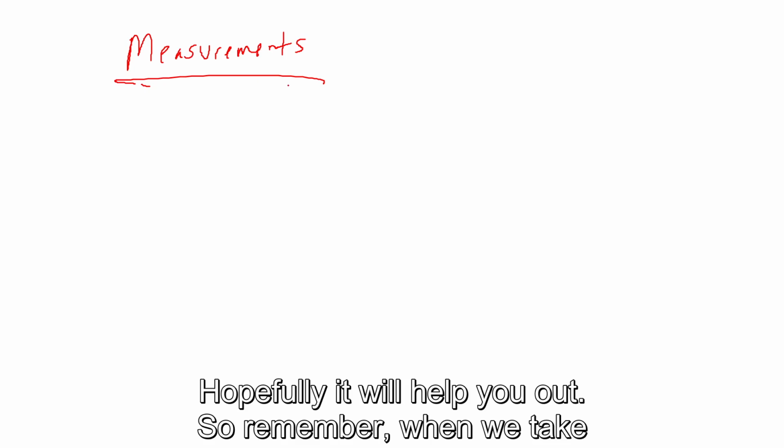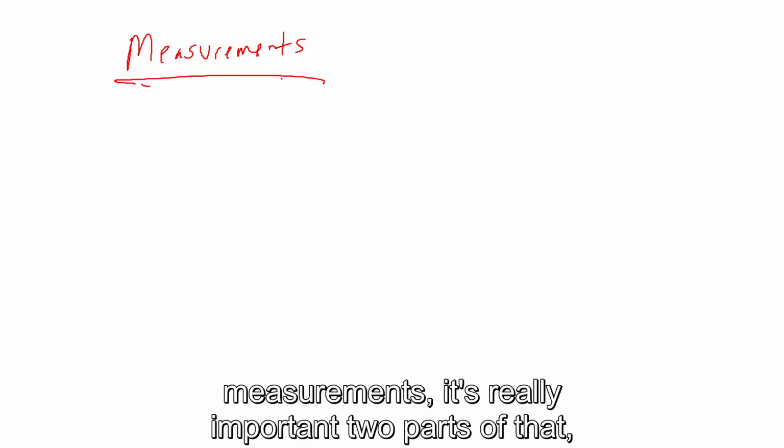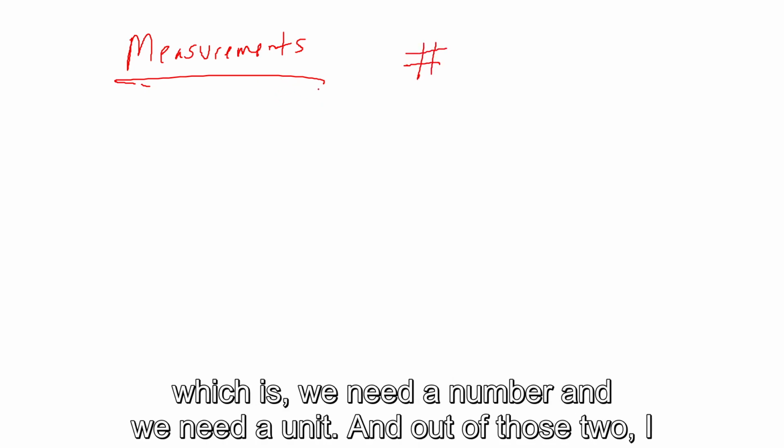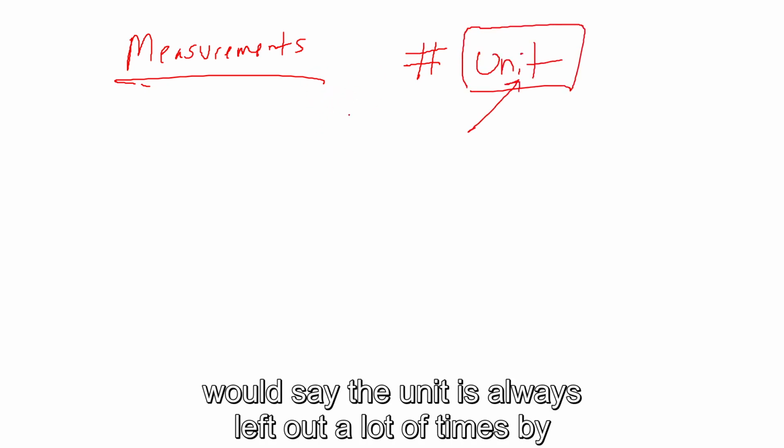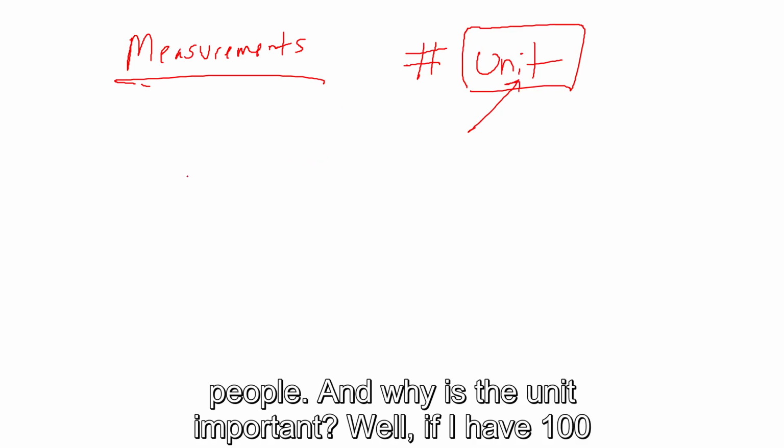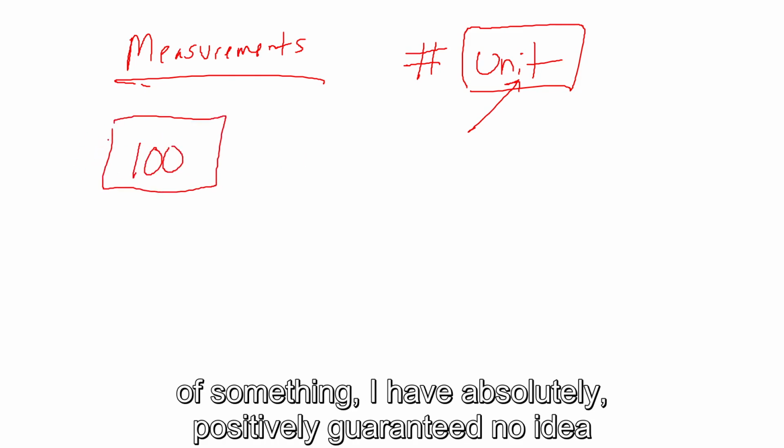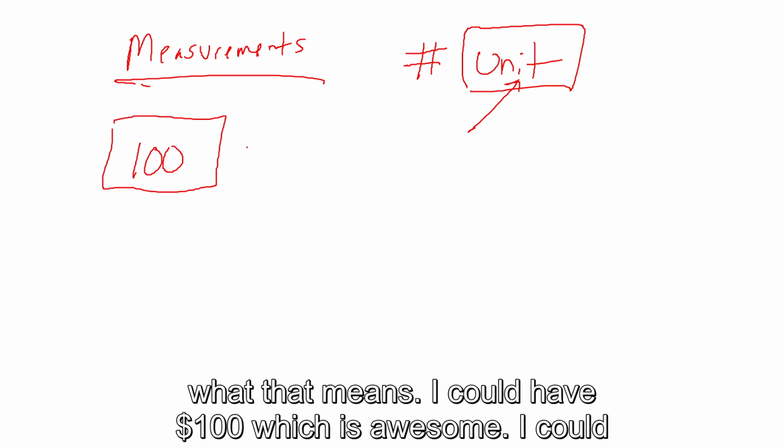So remember, when we take measurements, it's really important two parts of that, which is we need a number and we need a unit. And out of those two, I would say the unit is always left out a lot of times by people. And why is the unit important? Well, if I have 100 of something, I have absolutely, positively, guaranteed no idea what that means.